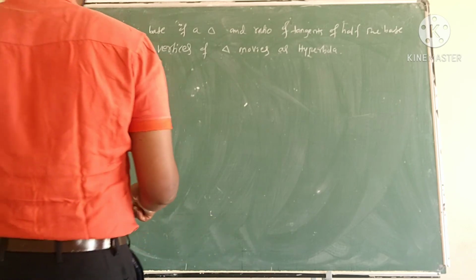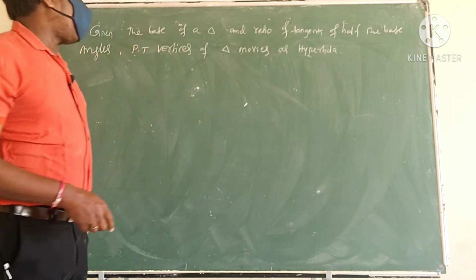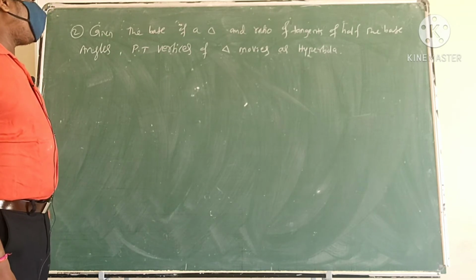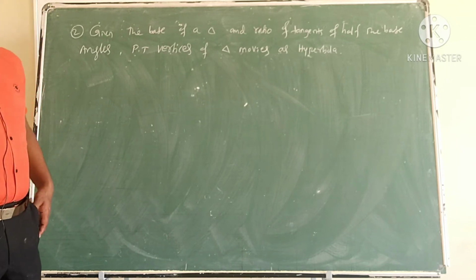So now what is the question saying? Given the base of the triangle and the ratio of the tangent of half of the base angles, prove that the vertex of the triangle moves as a hyperbola.